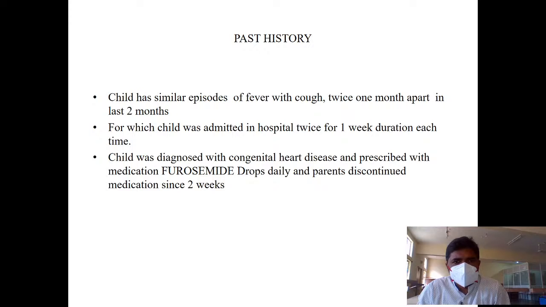So it gives you an assumption that the child is having a recurrent respiratory tract infection, especially lower respiratory tract infection. Here, see the significance. Usually, only lower respiratory tract infection children end up in hospital admission. So the child was admitted in hospital twice for 1 week duration each time.